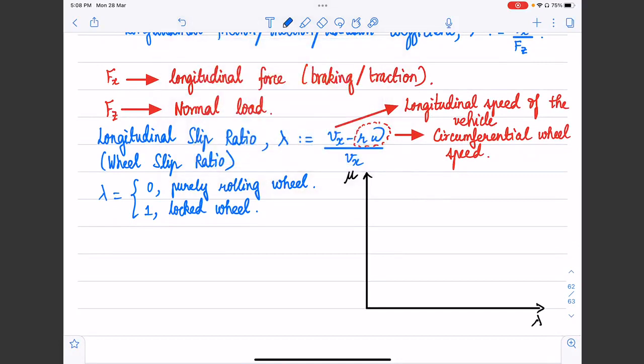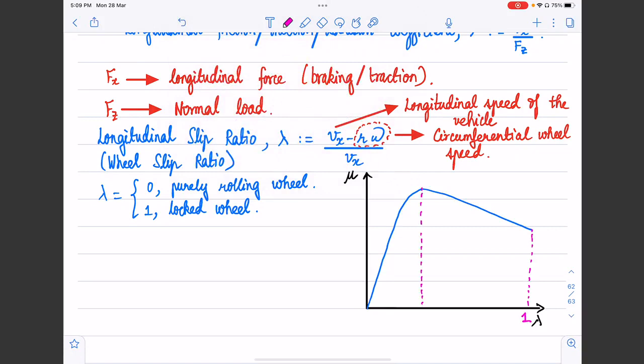If we look at the variation in mu versus lambda, initially there is an increase with lambda, and then there is a peak beyond which the value of mu keeps going down, and then it enters what is called an unstable region, and then it progressively keeps on decreasing till the wheel has gone to a locked state.